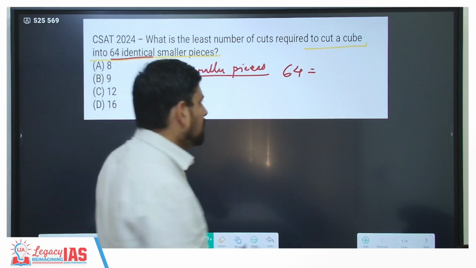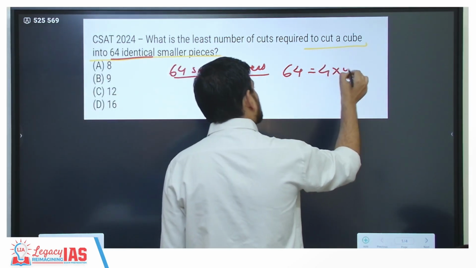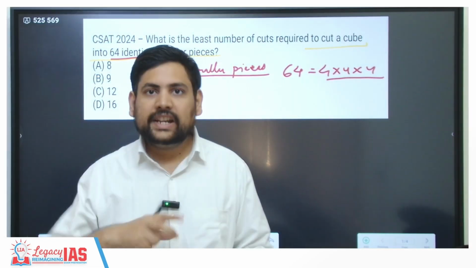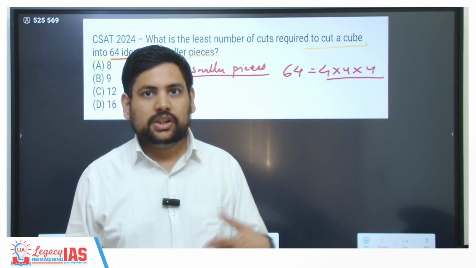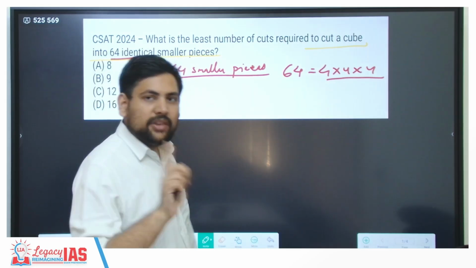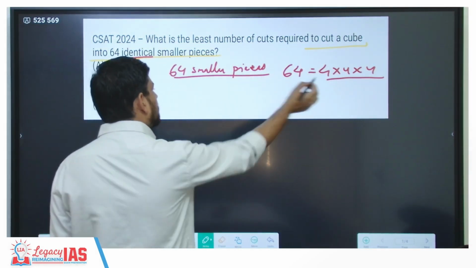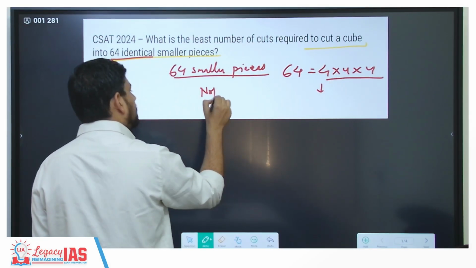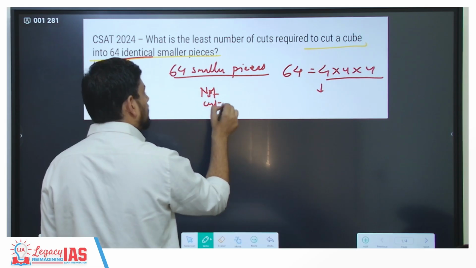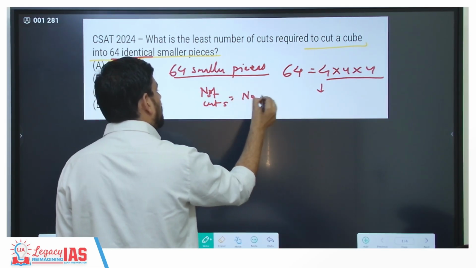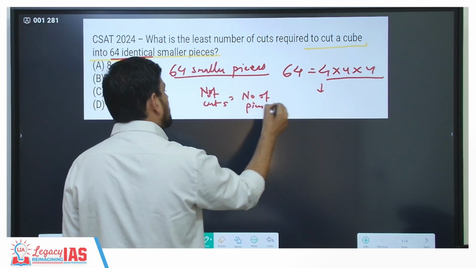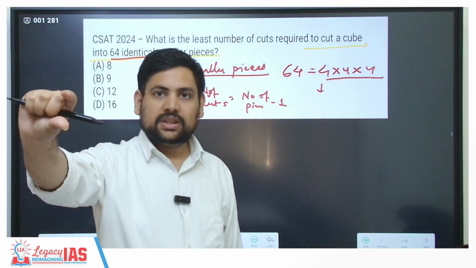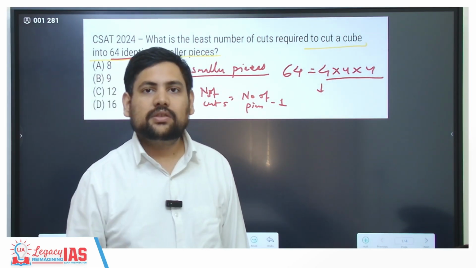64 means what? 64 pieces. That means 4 into 4 into 4. So this would be the size of the cube. Now, in each dimension, how many cuts will you require? Just one less. Number of cuts is number of pieces minus 1. In this direction you want 4 pieces, in that direction 4 pieces, and in the depth direction 4 pieces.